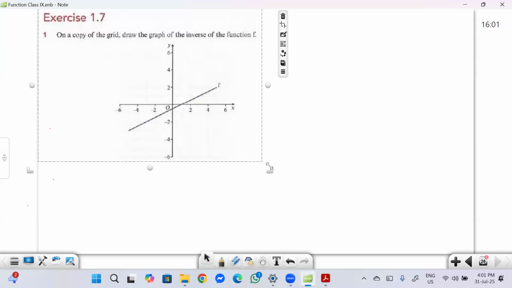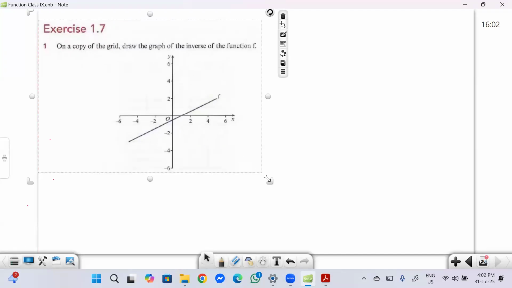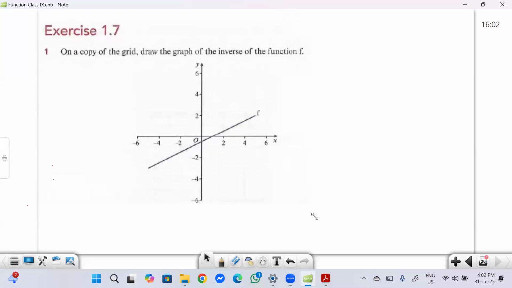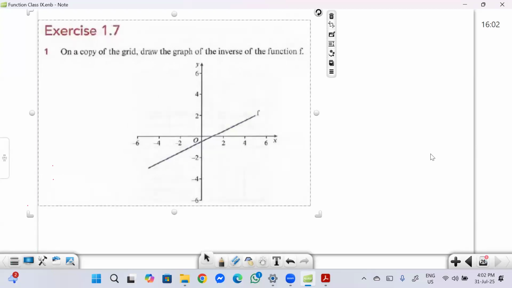Okay, sorry. So let us start again. Okay, so let's see what does inverse means actually. So when we are inversing, you'd see that in the algebraic process that we do, we interchange x and y.